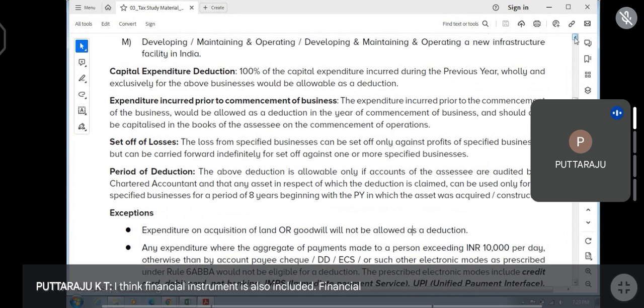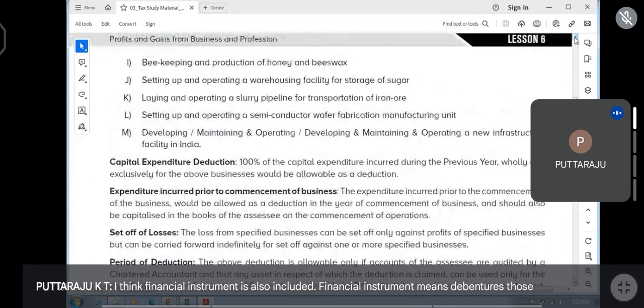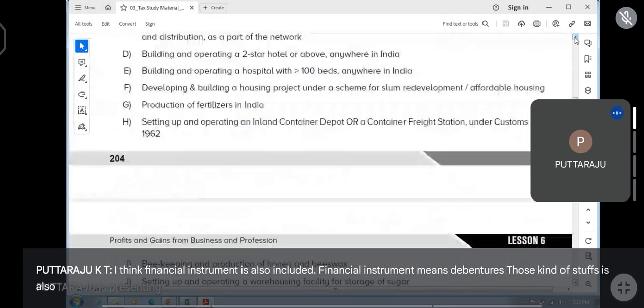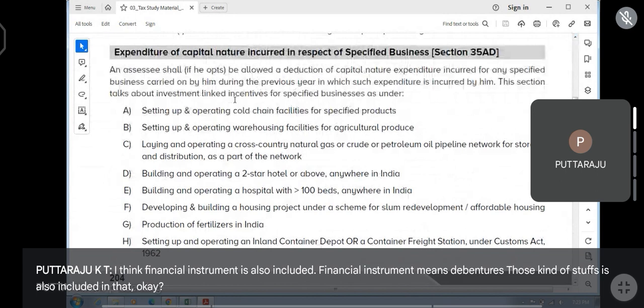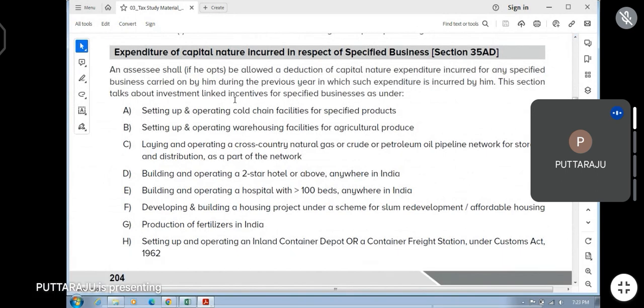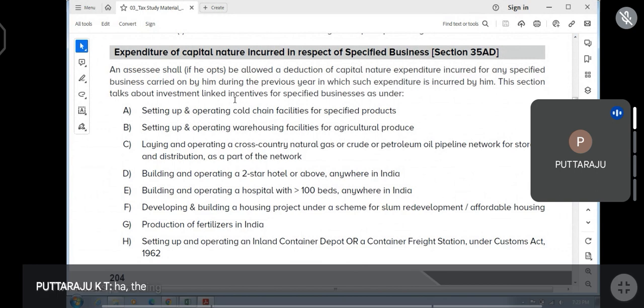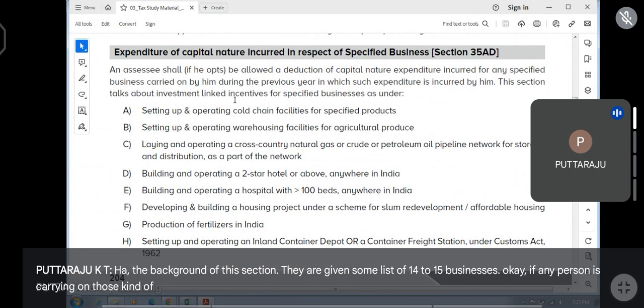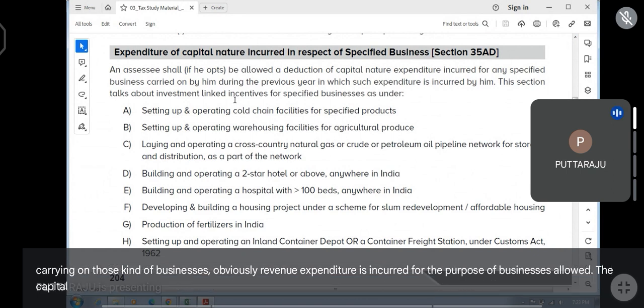Financial instrument means debentures, those kind of stuff is also included in that. Okay. The background of this section: they have given some list of 14 to 15 businesses. If any person is carrying on those kinds of businesses, obviously revenue expenditure incurred for the purpose of business is allowed. The capital expenditure like purchase of any assets.